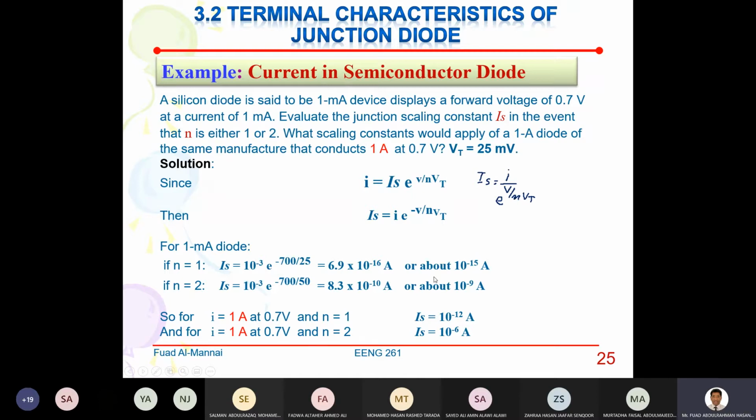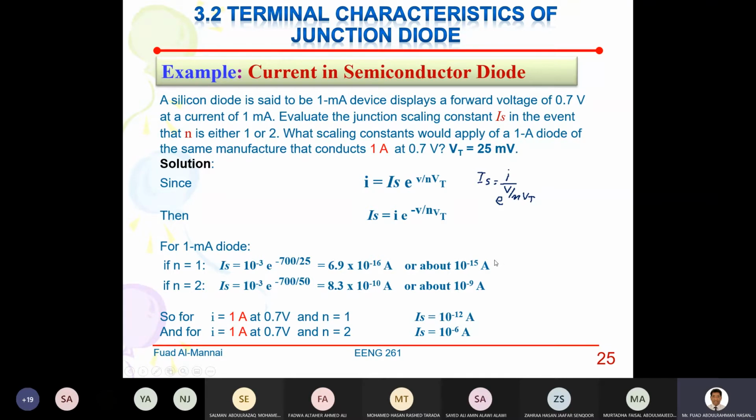And that will give you IS equal to 10 to the power minus 15 amp, or 15 femtoamp.